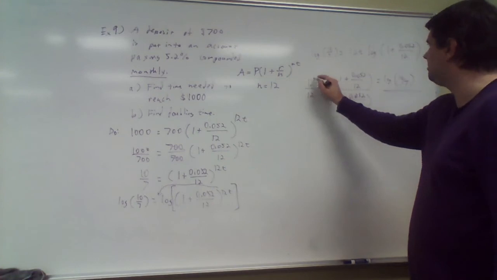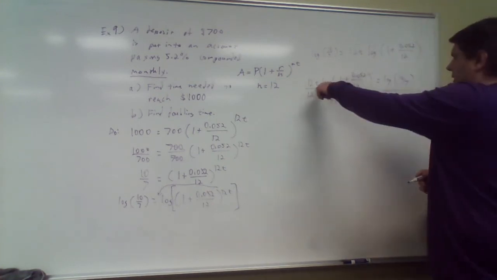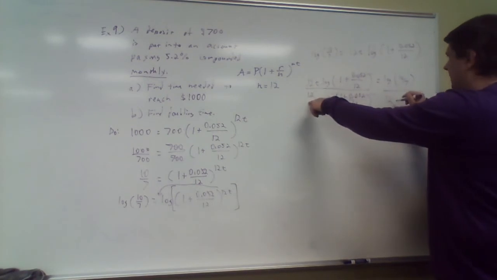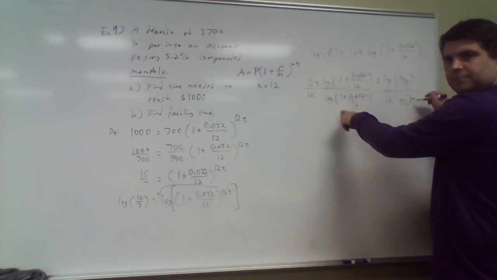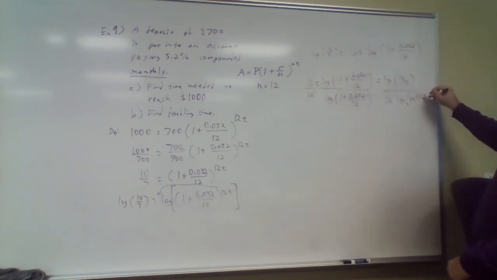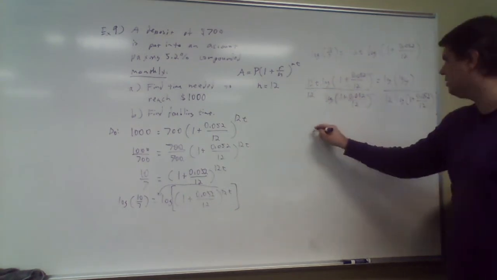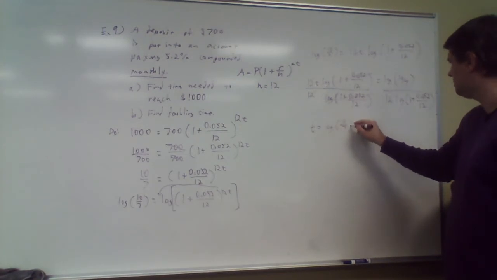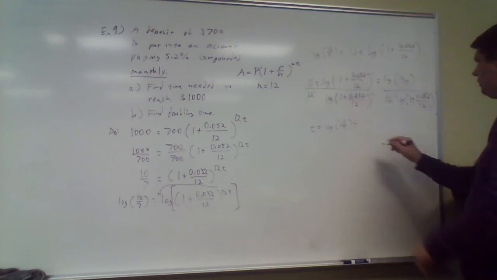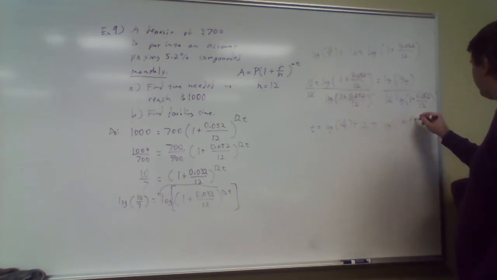So I might as well extend the fraction bar all the way over. You're going to do the same thing over here. So t will be the only thing that survives over here, and these have to be replicated down here. 12 and log of 1 plus 0.052 over 12, close the parenthesis, and t will equal log of 10/7 divided by 12, and also divided by log of 1 plus 0.052 over 12.